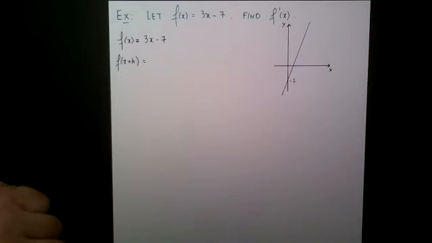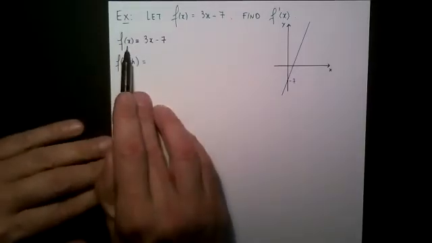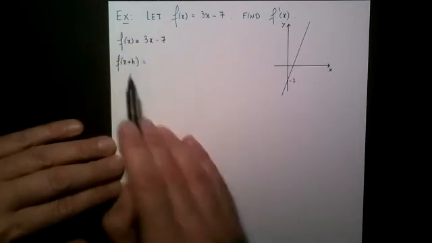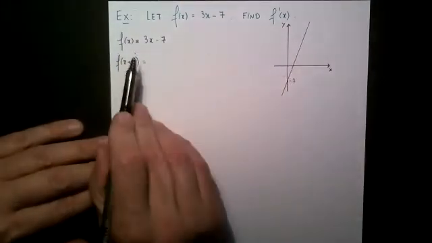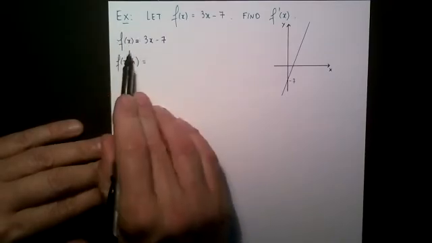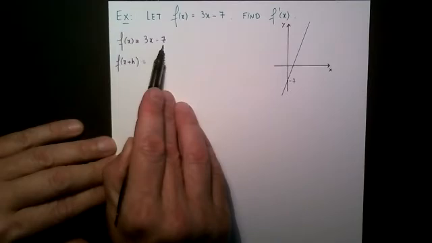0? How'd you get 0? Because there's no distance, there's no h. One second. f of x is 3x minus 7. So f is sort of a black box that packages my x. How does this function work on x? It takes the x, multiplies it by 3, and then takes away 7 from it.